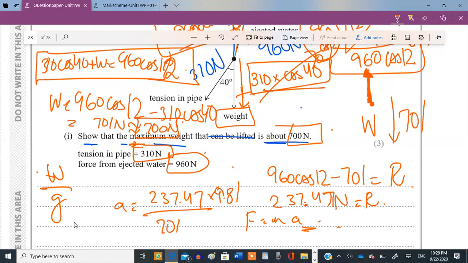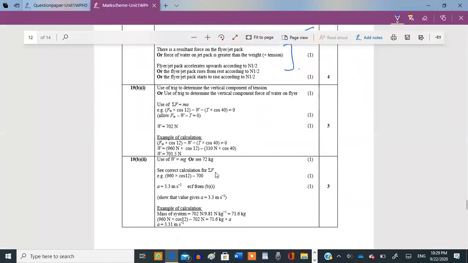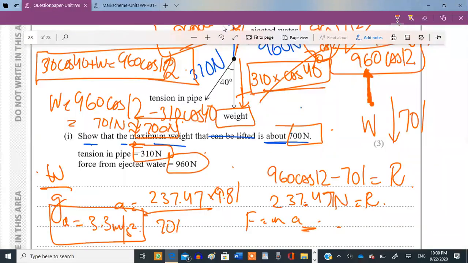And now you'll get your answer. This is 3.3 meters per second squared. Yep, that's the answer. 3.3. Is this part clear?